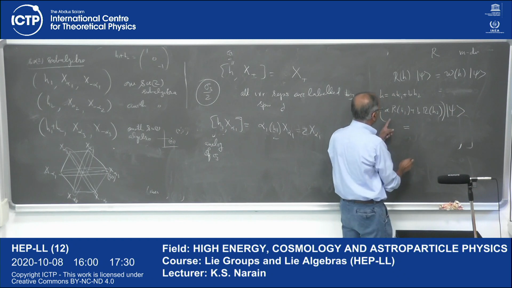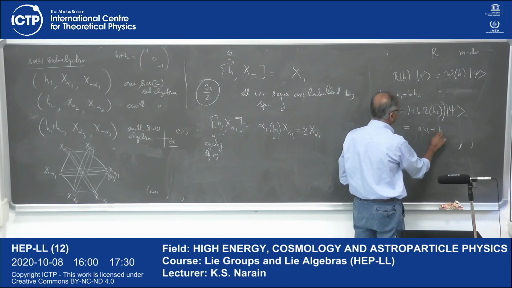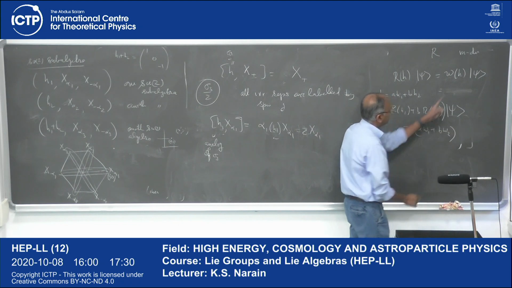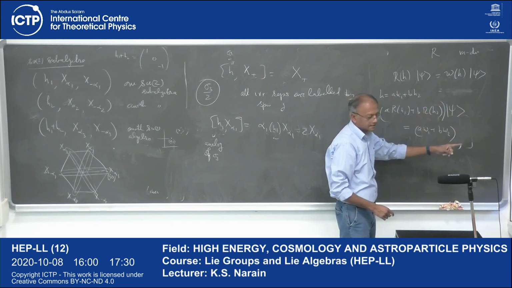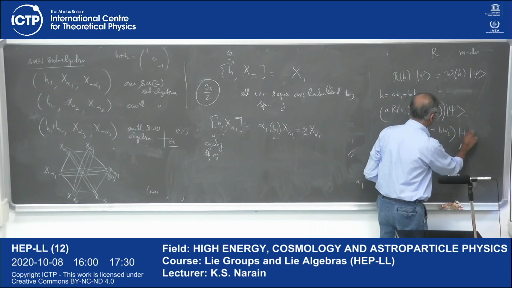But that's going to be some A times W1 plus B times W2. So W will again have 2 components, W1 and W2, acting on psi.